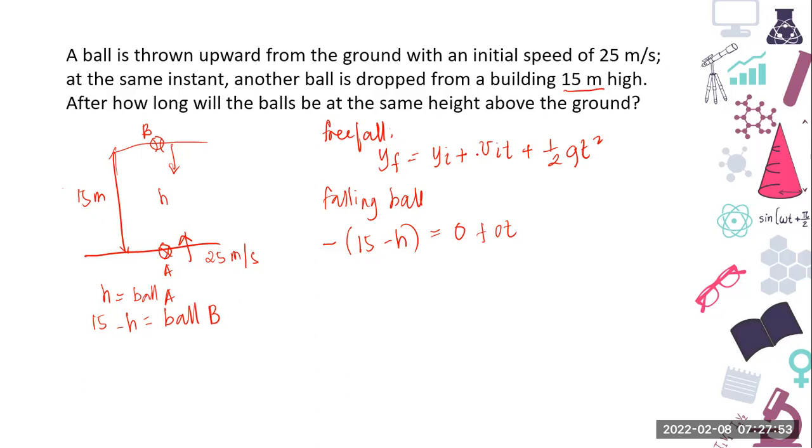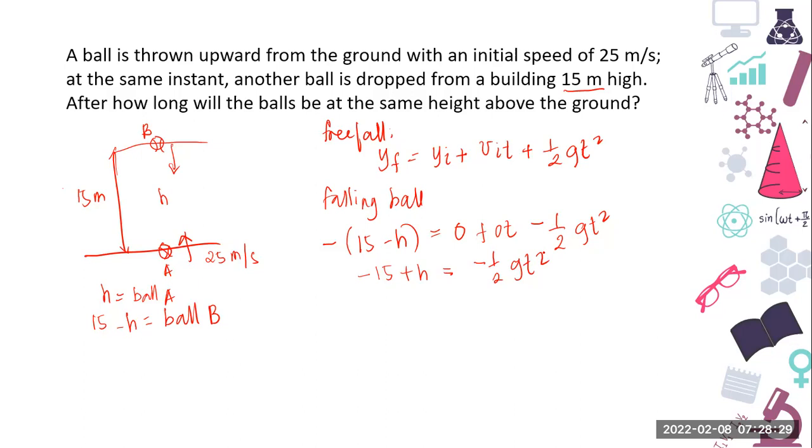Why? It starts from rest. It doesn't have an initial velocity. You throw it downward. Thus, its initial velocity is 0 minus 1/2 gt squared. Why negative? Because gravity is going down, we will be using negative just for direction. Therefore, we can simplify this equation. That's negative 15 plus h equals negative 1/2 gt squared.